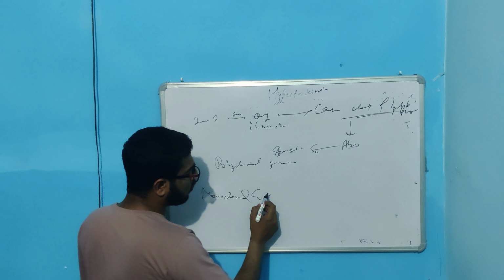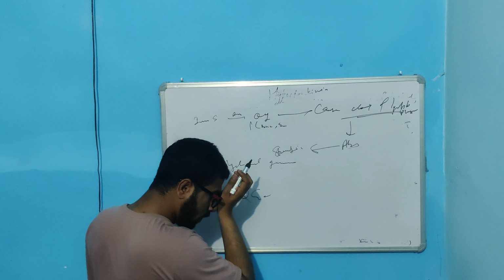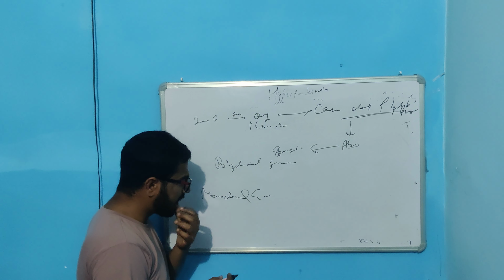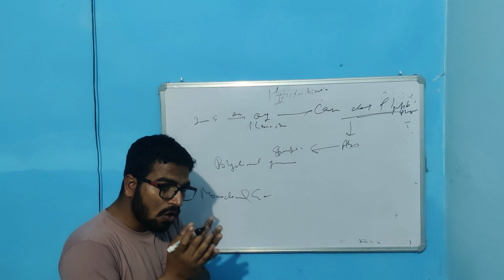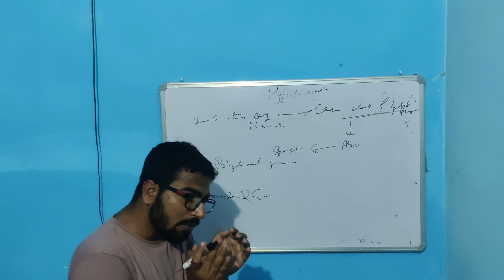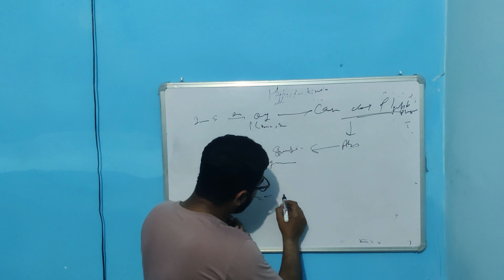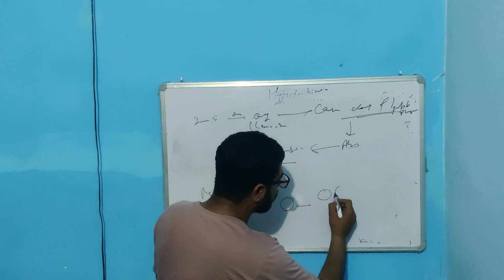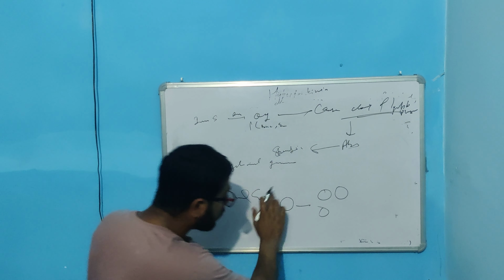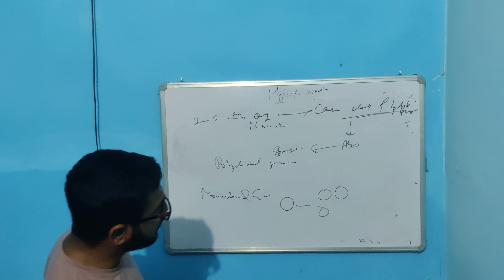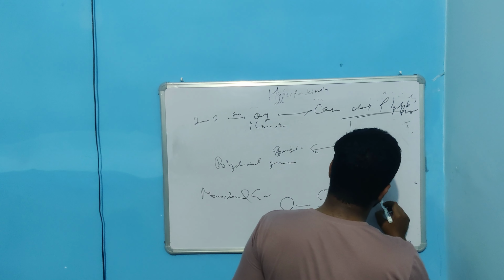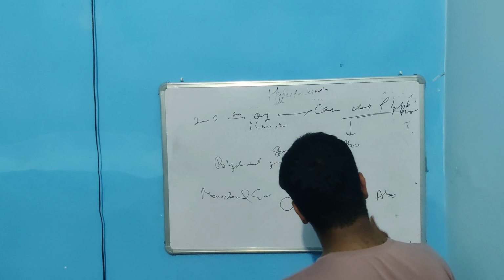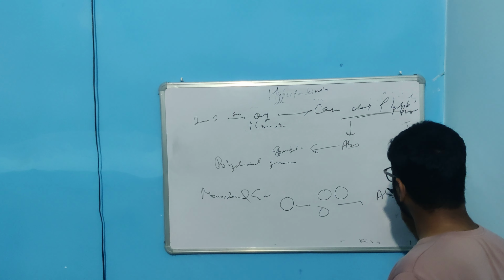In monoclonal gammopathy, there is cloning of a single particular cell. Suppose this is a cell, so cloning produces multiple clones similar to this cell. These cells produce antibodies, and these are monoclonal antibodies.